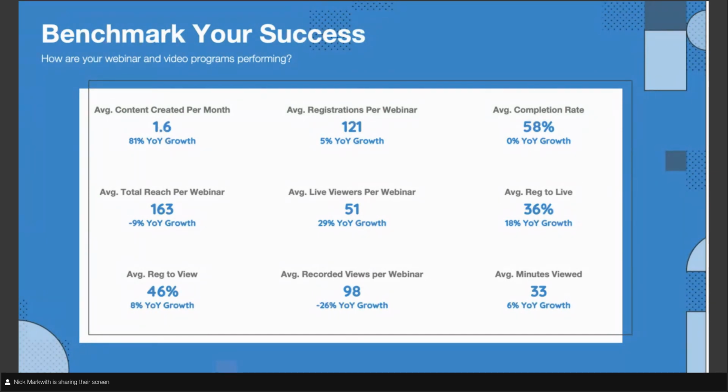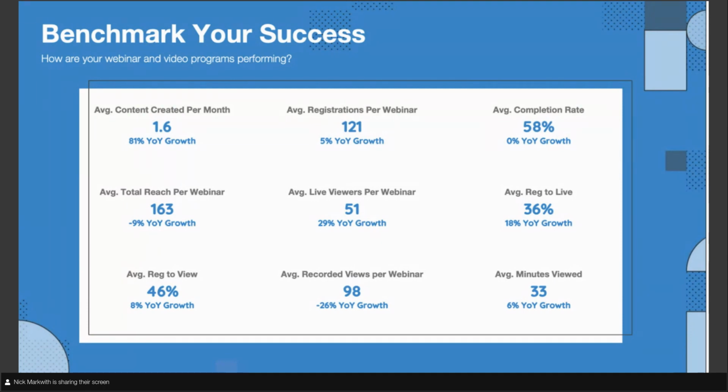What you see here is a combination of those two things. The average created content per month last year, not surprisingly, considering that in-person events went away for most of last year, went up by 86% to 1.6 pieces of content per month. Marketers are creating more content online. We saw the average registrations were about 120.